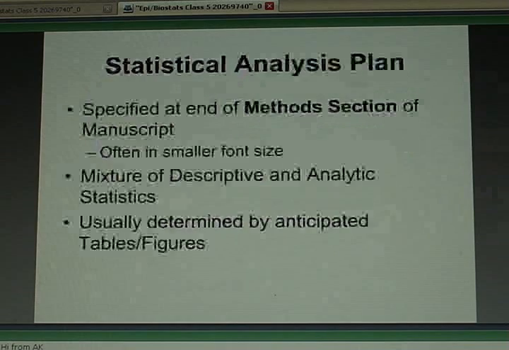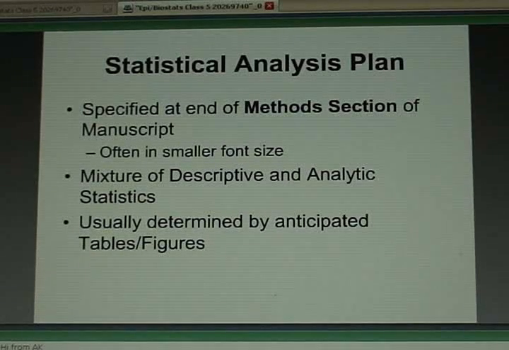And basically, if you read manuscripts, manuscripts are always broken into sections. There's an introduction section, followed by a method section, followed by a results section, followed by a discussion section. Well, it's usually in the method section where you see the analytical plan being laid out to the reader. It's usually at the very end of the method section.